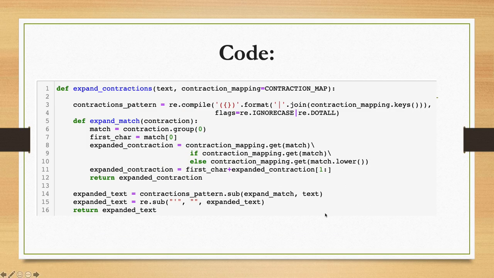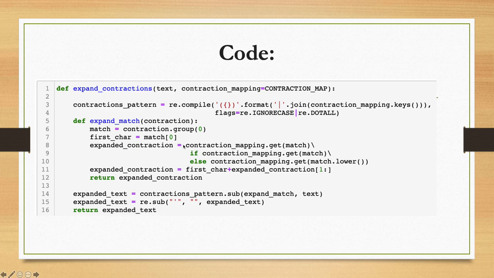This is a very big, complicated code for expanding contractions, but basically you submit the text as a parameter, then use the contraction map. For the contractions pattern, it is extracting the different keys in the mapping, and then you have a sub function, expand match.